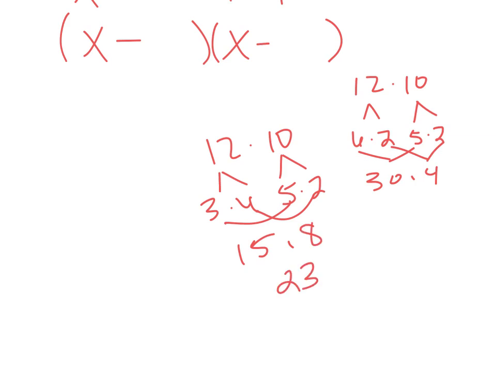So you still have to think about what you're doing. You need factors of 120, and then you need a sum of 23. Since they're both negative, you're going to end up adding them. All I'm doing here is little factor trees. So instead of 12 and 10, 6 times 2, 5 times 2, I could make that 30 times 4.